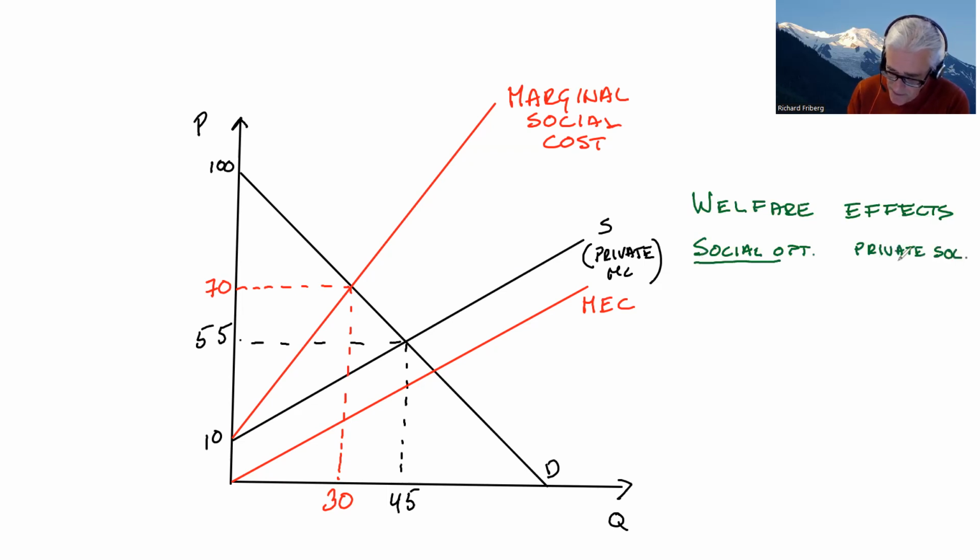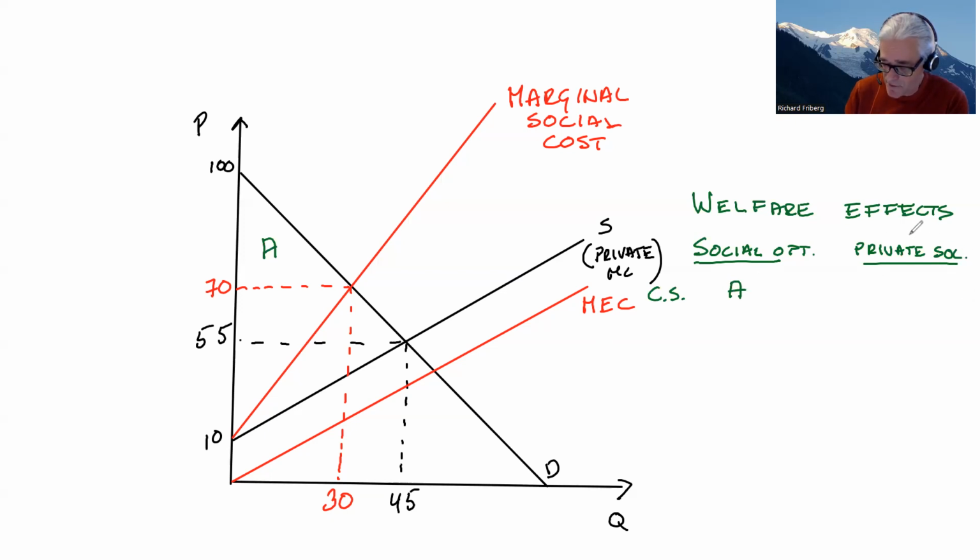Okay. So starting with consumer surplus, consumer surplus in the social optimum is equal to the area A here, this area bounded by the demand curve and the price of 70. That's just as usual when we're looking at consumer surplus.